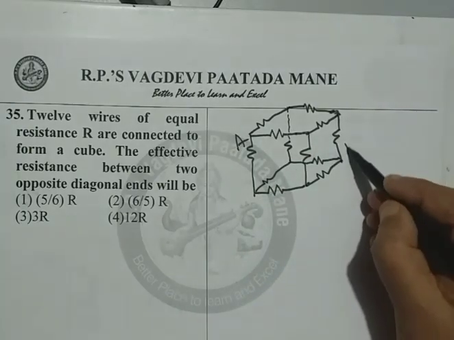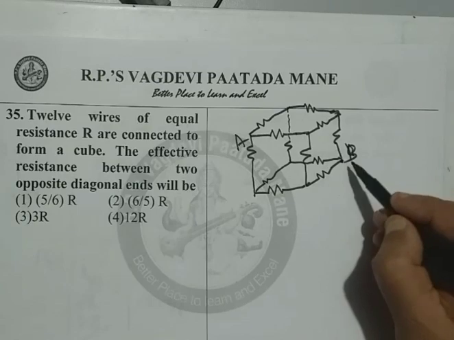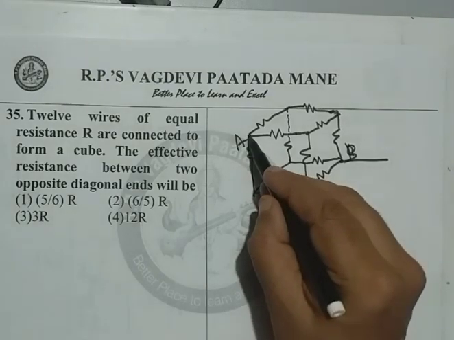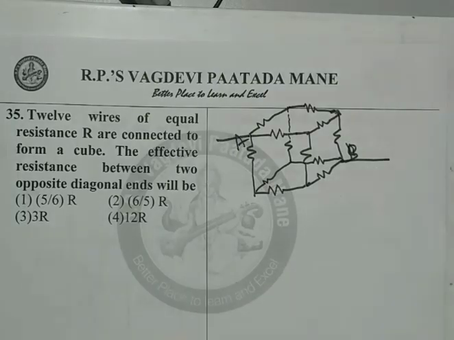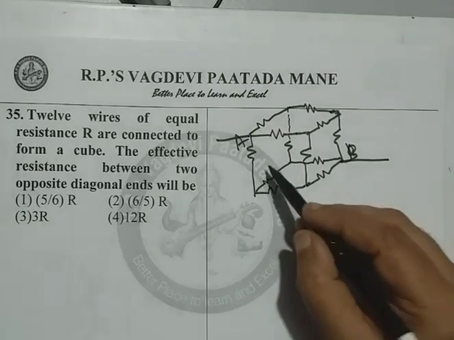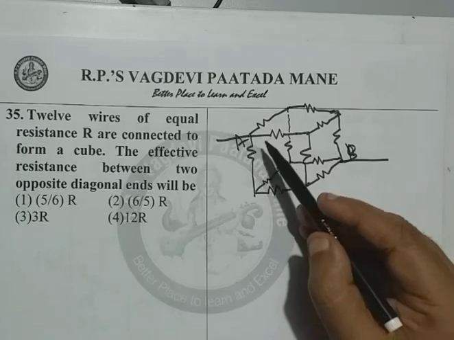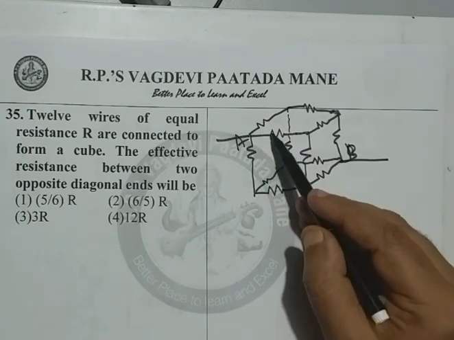If I take this A and B as two diagonally opposite corners, we are asked to calculate effective resistance between these. So it is easy to do by assuming the splitting of currents in equal manner in equal branches.